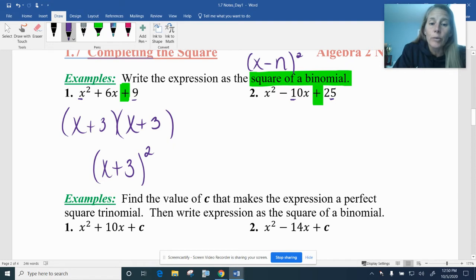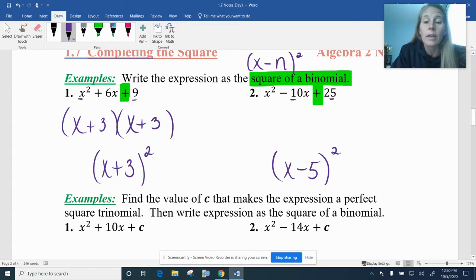So same thing for number 2. I don't really have to go through the trouble of factoring into those two parentheses because I know it's just going to be half of this negative 10, which is negative 5, x minus 5 squared. If you did do it the traditional way, the two numbers that multiply to 25 that add up to negative 10 would be negative 5 and negative 5.